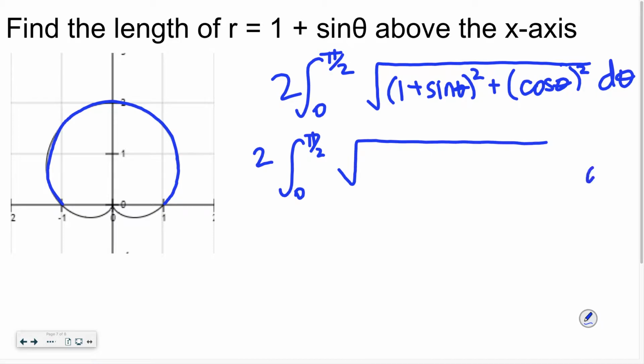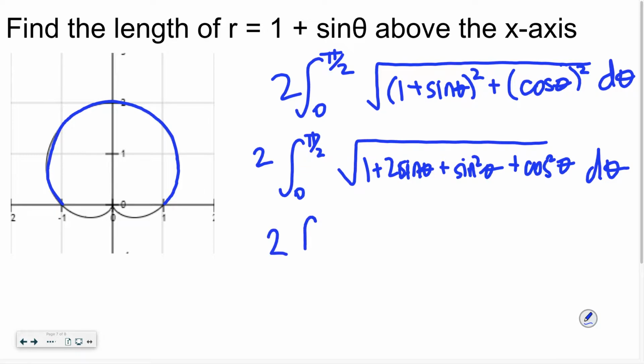So this would be 1 plus 2 sine theta plus sine squared theta plus cosine squared theta. Sine squared plus cosine squared is 1, and 1 plus 1 makes 2.